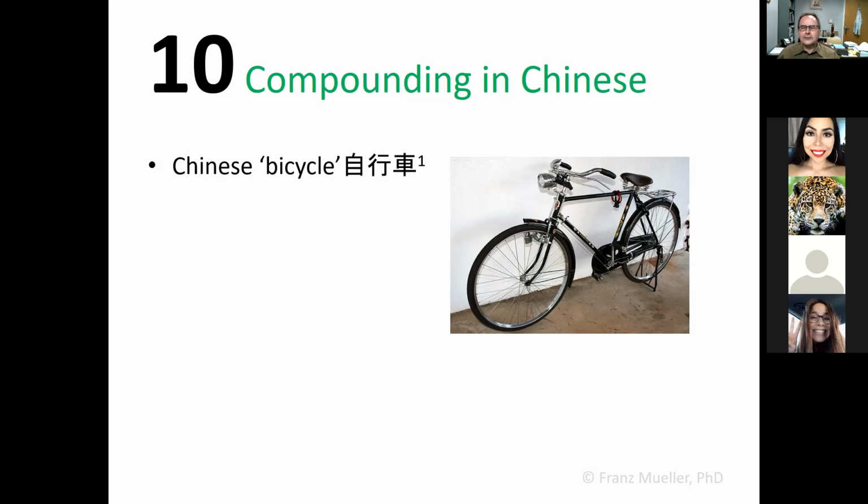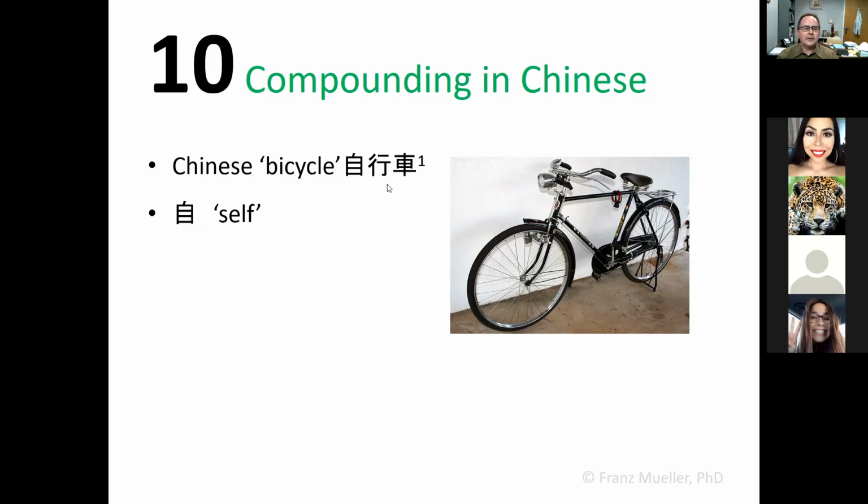No, I didn't lie to you, because in fact, the word bicycle in Chinese is a compound word. It's got 3 smaller words that go into the word bicycle. And so, of course, there's one character for each individual word that goes into this compound word. So the first word in bicycle is this one over here, and it means self, something you do yourself, right?